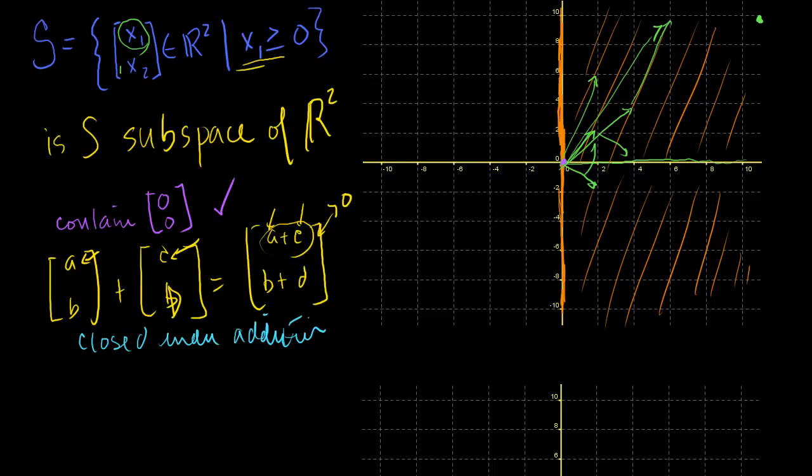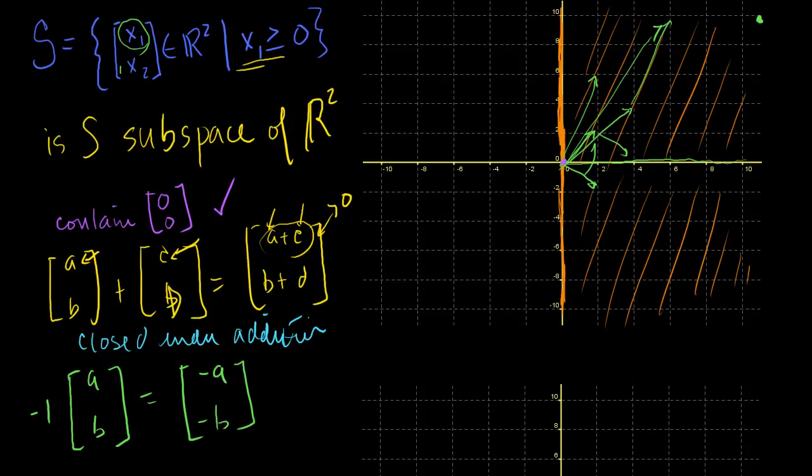Now what about scalar multiplication? Let's take a particular case here. Let's take my vector (A, B) again. Now, I can pick any real scalar. What if I just multiply it by -1? If I multiply it by -1, I get (-A, -B).